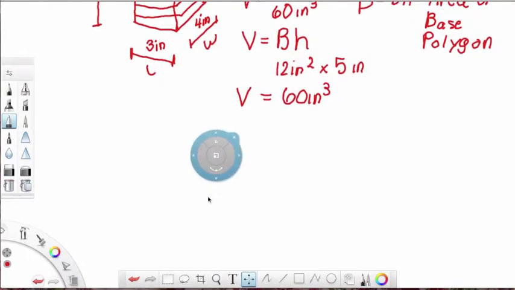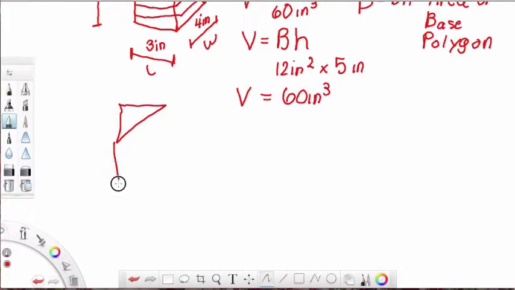Okay, let's see how quickly I can draw one here. Let me get my pen back. I got it back. Okay, so here is our triangle. Okay, a triangular prism.